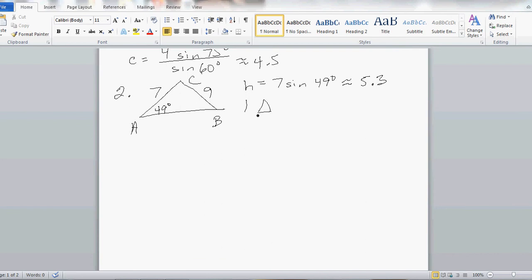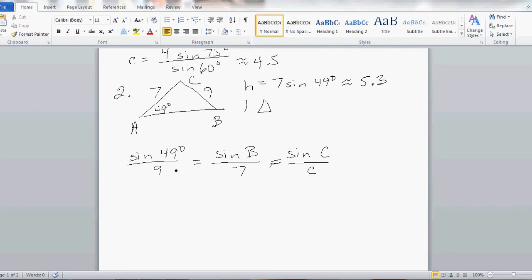And then finding it is no different than what we did up above. So I'm going to set it up this way. Sine of 49 degrees over the side opposite, which is 9, equals the sine of B over 7. This must equal the sine of C over little c.